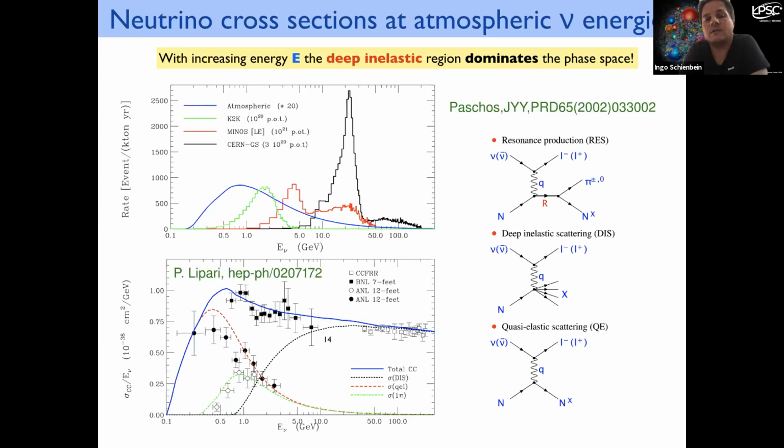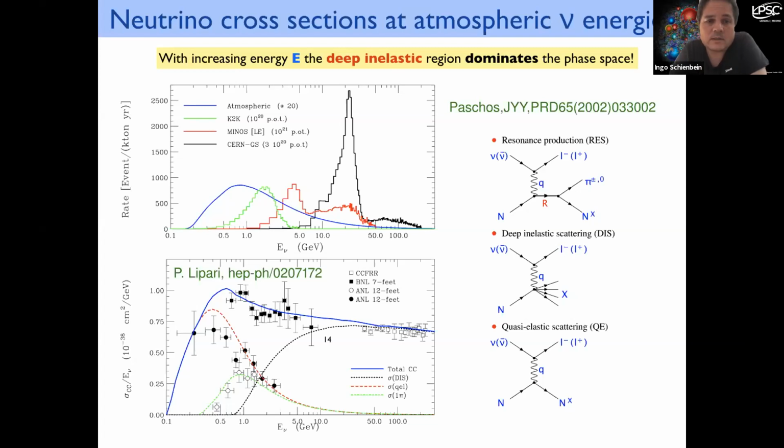With energies of GeV order or low GeV order, the atmospheric flux is quite well in the region of several long baseline experiments, like the flux from the K2K experiment, the Minos flux or the Minerva flux. They are all in this area.